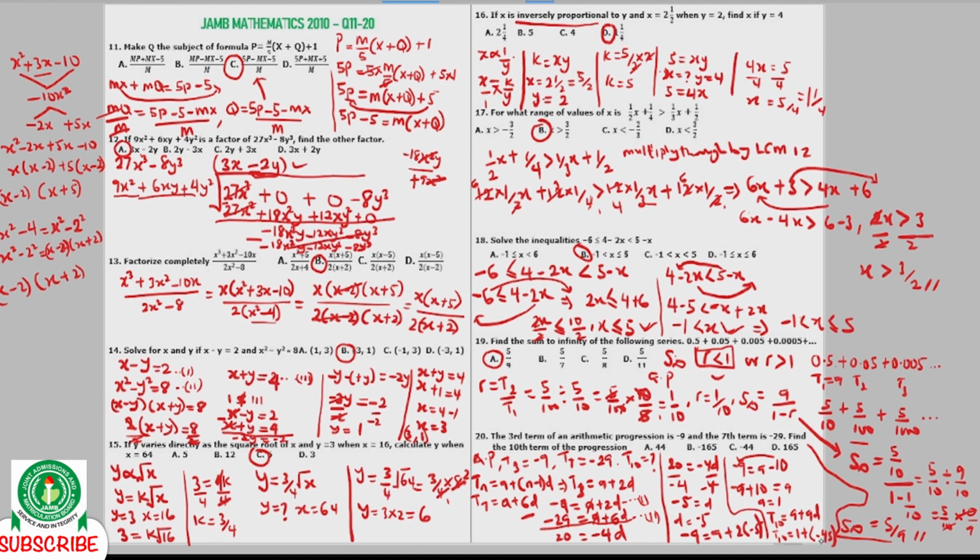So that's how I get minus 45. So 1 plus minus 45 is the same as 1 minus 45. Your T10 will be equal to 1 minus 45, which is minus 44. So the answer here is minus 44.